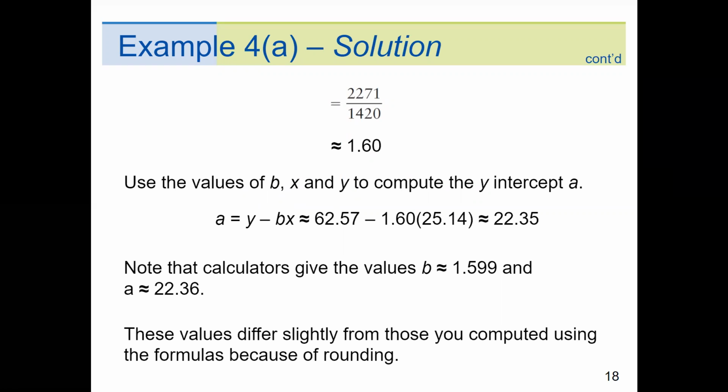All right. Use the values of b, x bar, and y bar to compute the y-intercept a. Note that the calculations give the values b equal to roughly 1.599 and a equal to 22.36. These values differ slightly from those computed using the formulas because of rounding.